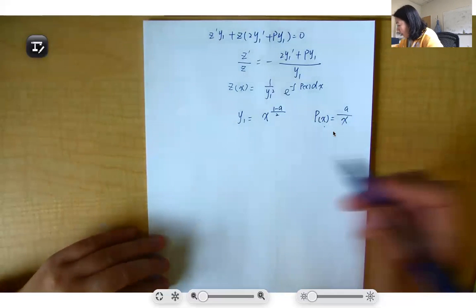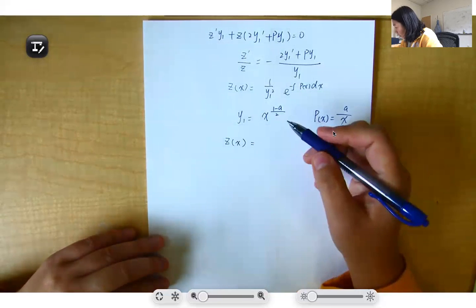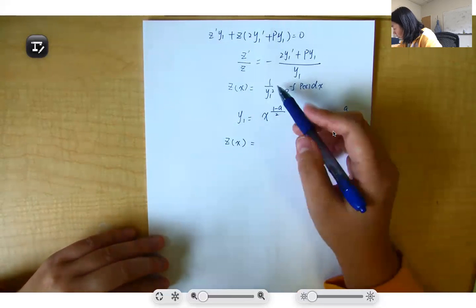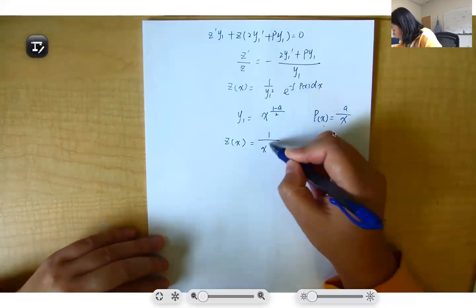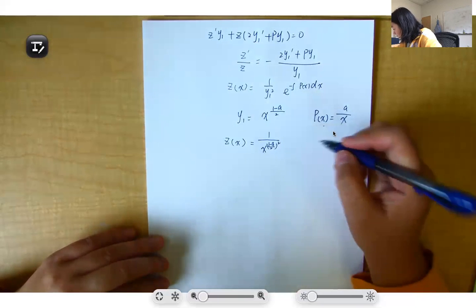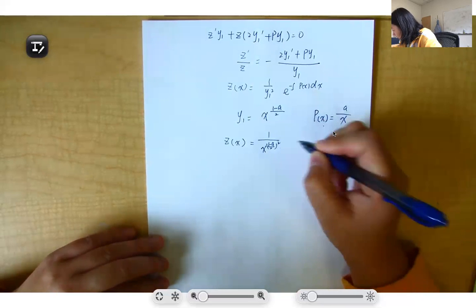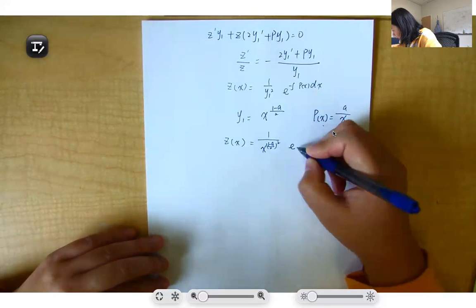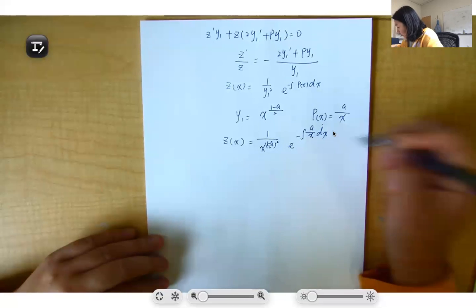Then you get z(x) equals 1 over [x to the (1 − a)/2] squared times e to the minus a ln x.